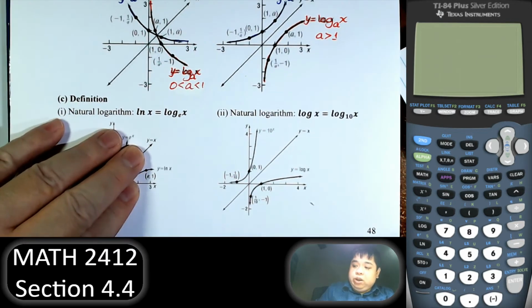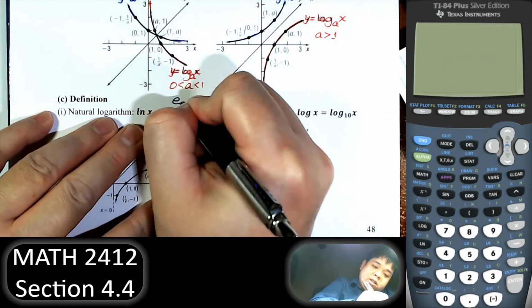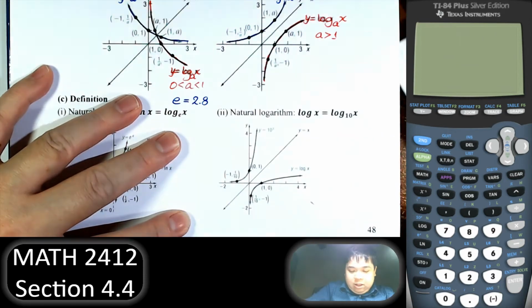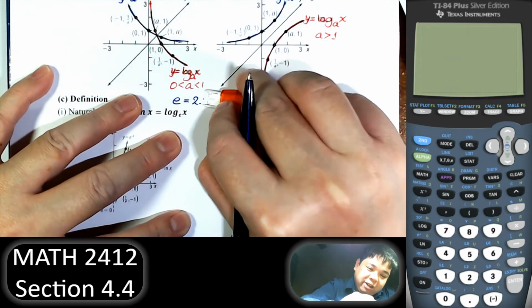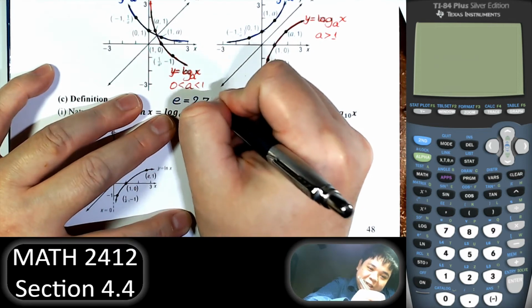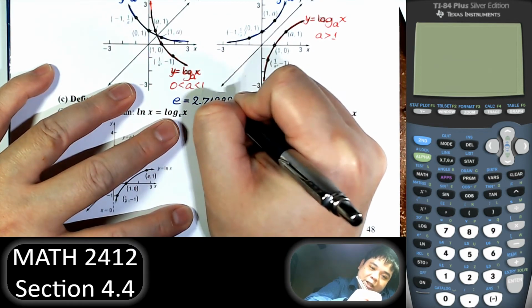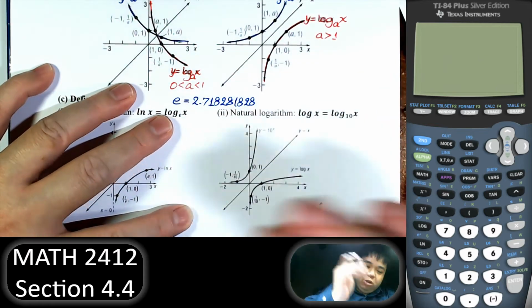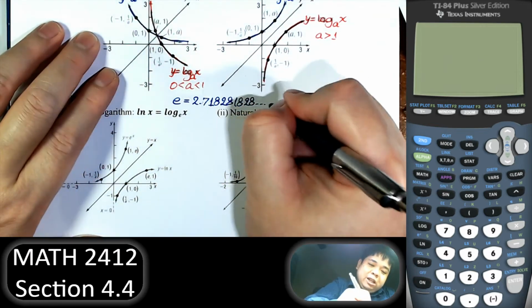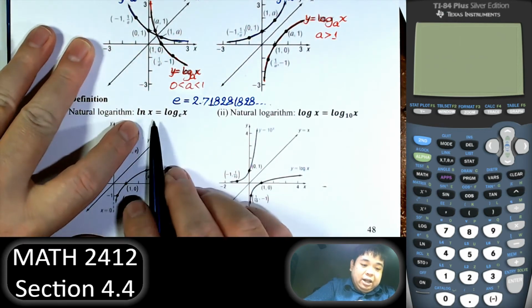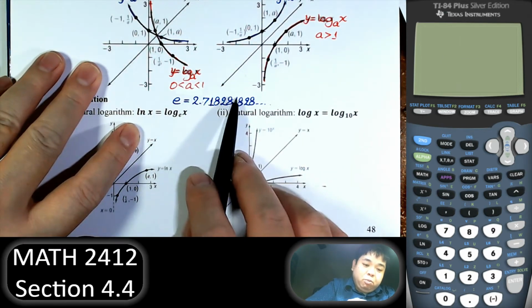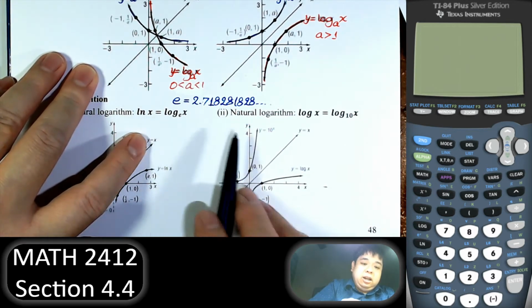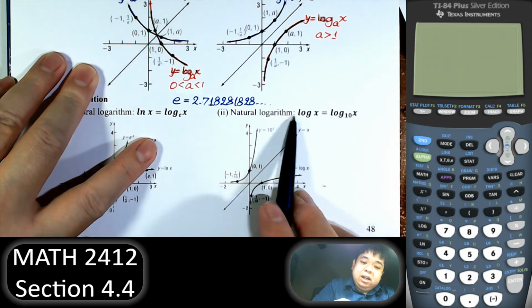Earlier we defined e as the constant 2.71828 and so on. So log base e of x, we just write ln of x.